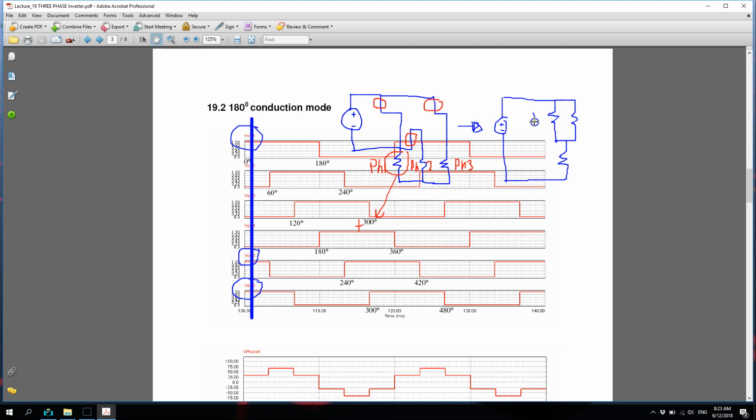So this is R1, R3, and R2. This resistor represents that one, and the third resistor will be representing that point. Okay, right.